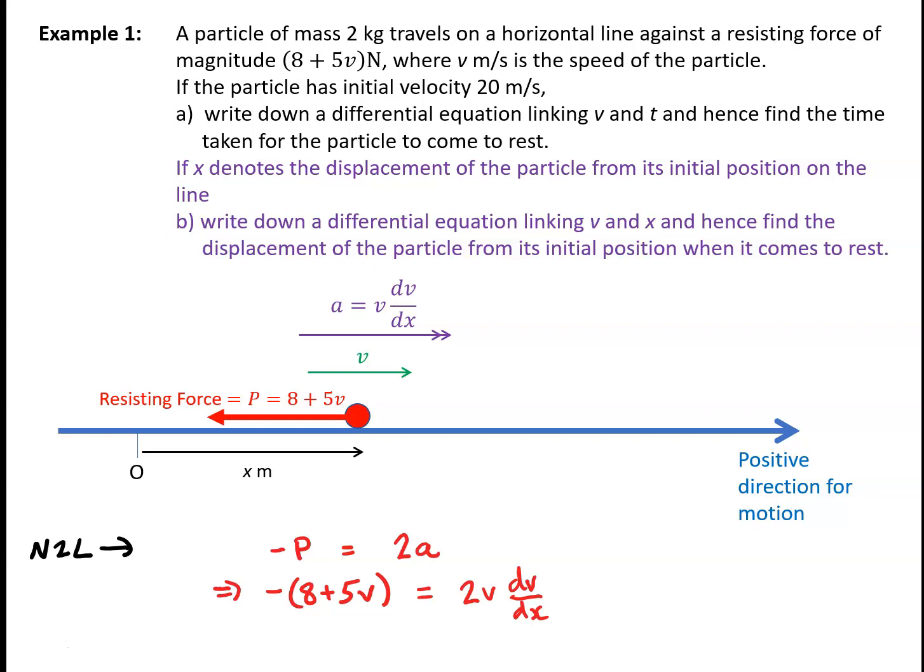And again, this equation can be solved by separating the variables. So our equation we've got is minus 8 plus 5v equals 2v dv by dx. Dividing each side by 8 plus 5v will get all of these on the one side for me.